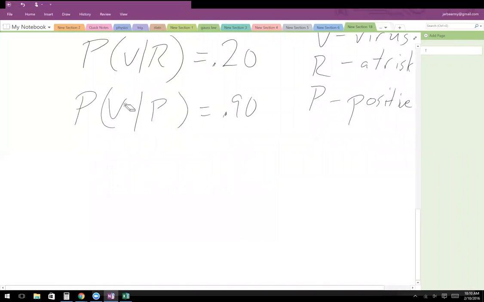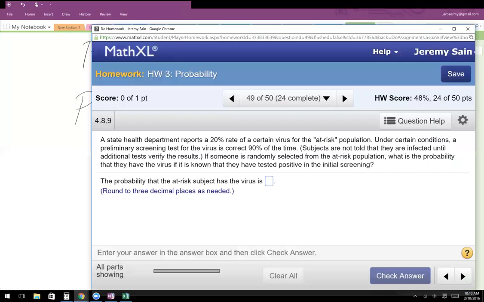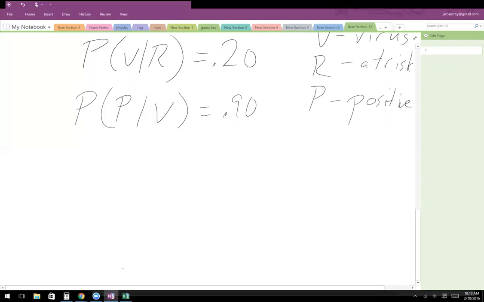This one's backwards. Okay, if you have the virus, 90% of the time the thing will. I hate reading. Reading is the hardest part of this class, I think. Oh, no. It says the preliminary screen test is correct 90% of the time. Okay. Actually, I think that's just saying.